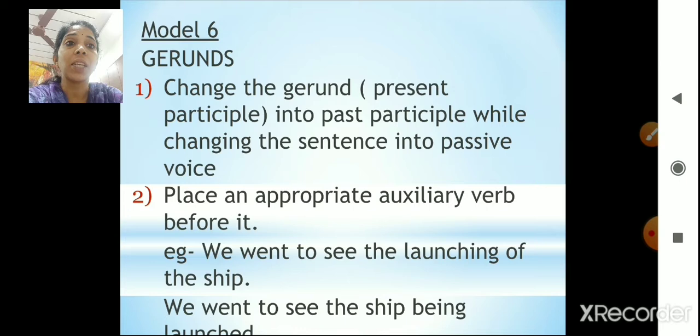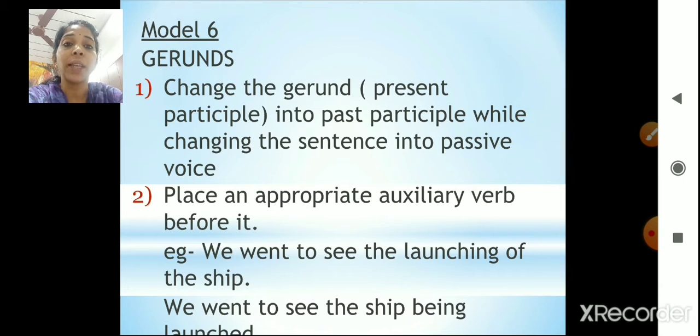Like if you remember the example we learnt in the previous lecture. We went to see the launching of the ship. We changed the gerund launching into launched. The present participle form was changed into past participle when we write it in passive voice.